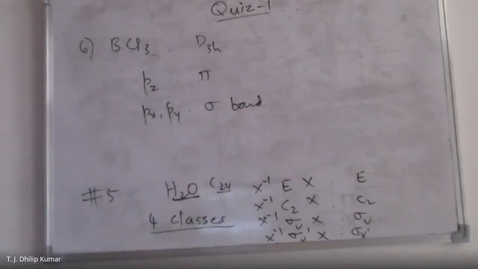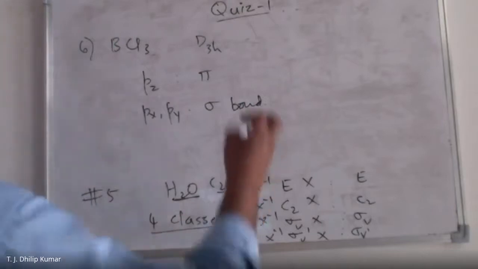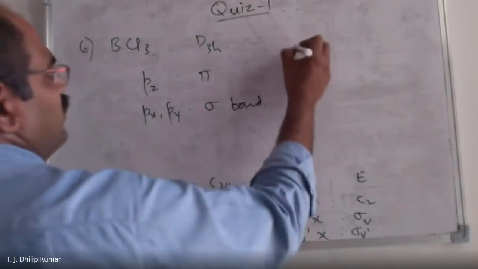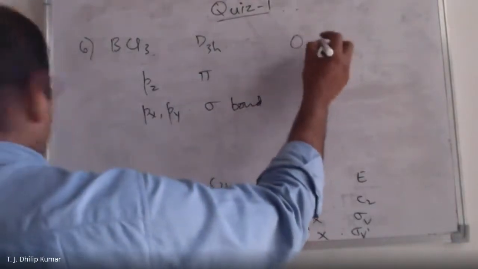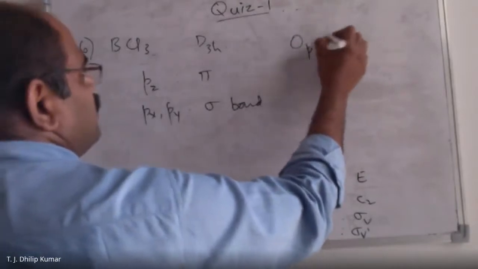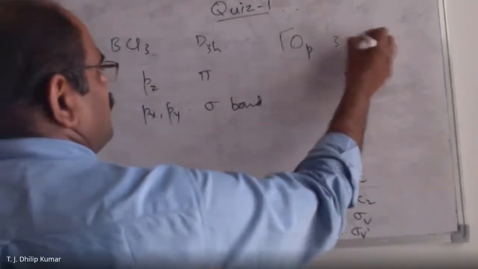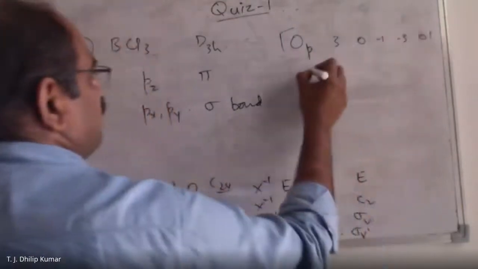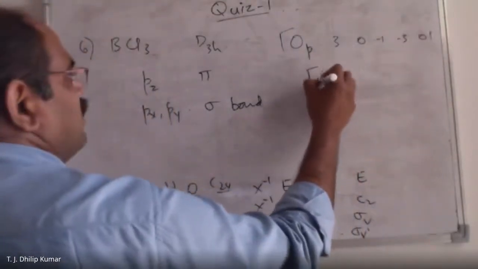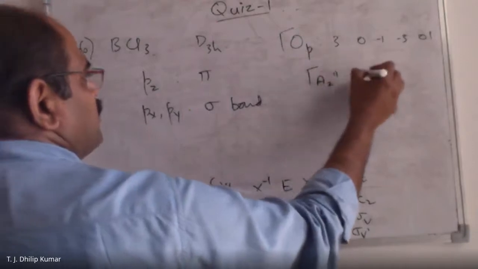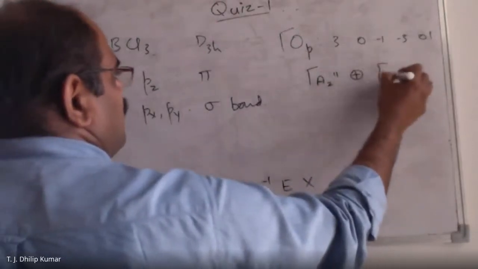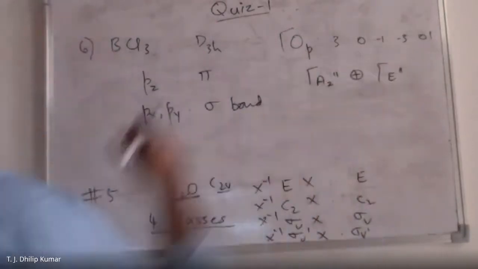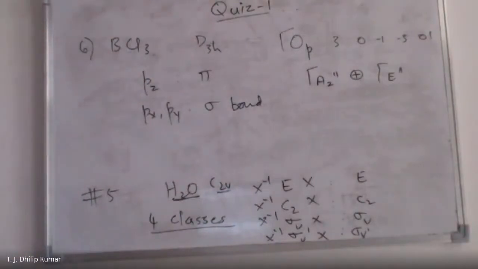This answer I was expecting, but partial is also fine. I think most of you have got it. If it is out of plane, the reducible representation is 3, 0, -1, -3, 3, 0, 1, and for that people got A2 double prime plus E double prime. So from there you get the answer by looking at the character tables.